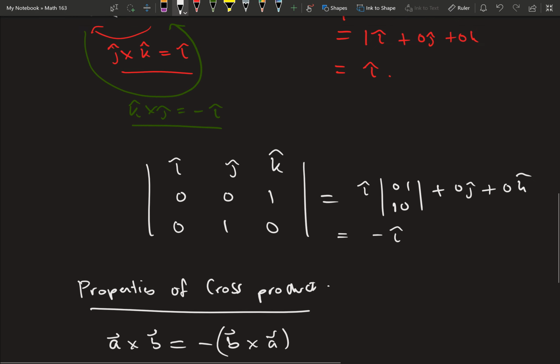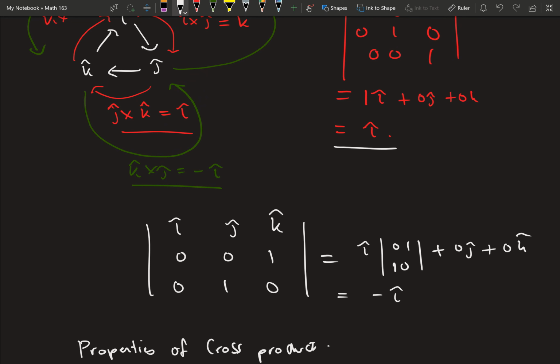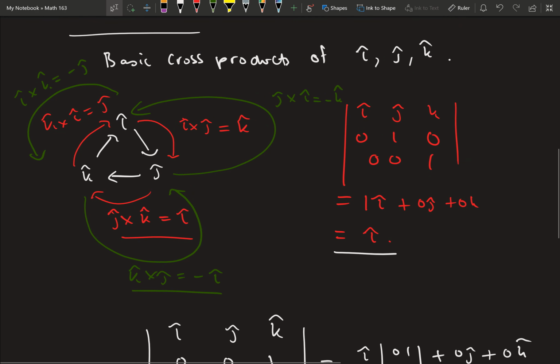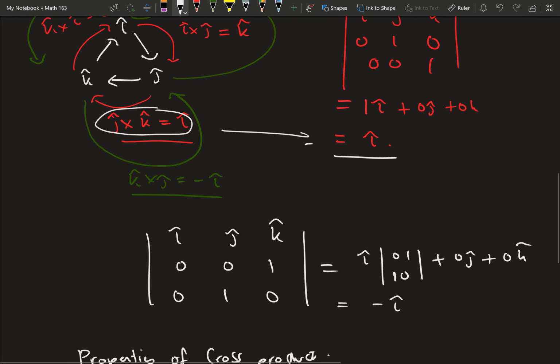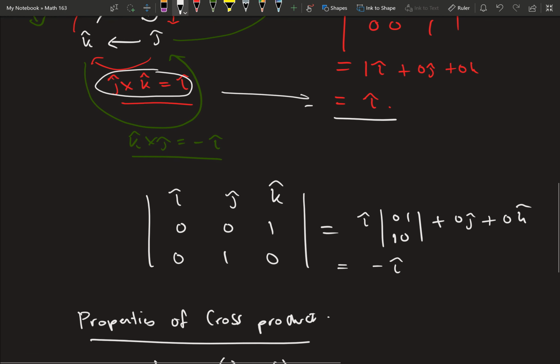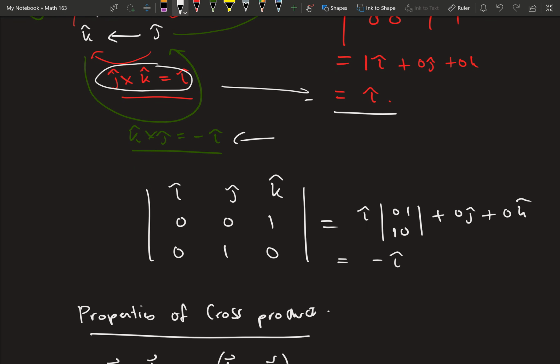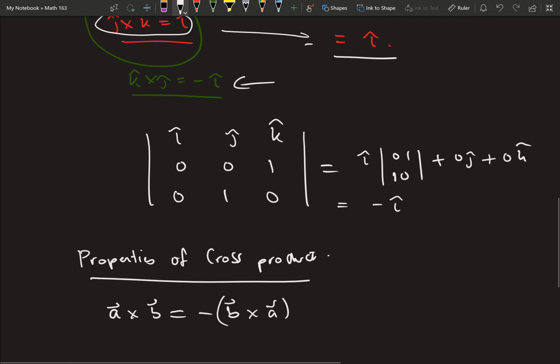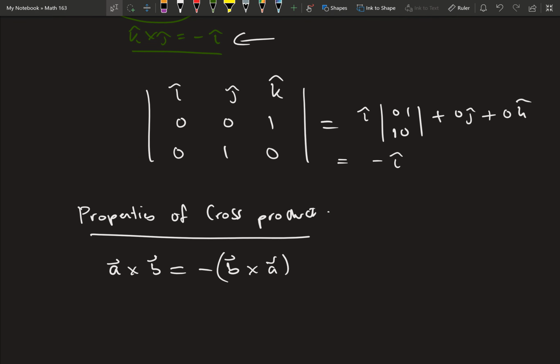You can see that in the example here, where we did j cross k equal to i, but k cross j was negative i. Okay, and that turns out to be a general property for any vectors. So let me put this as 1.